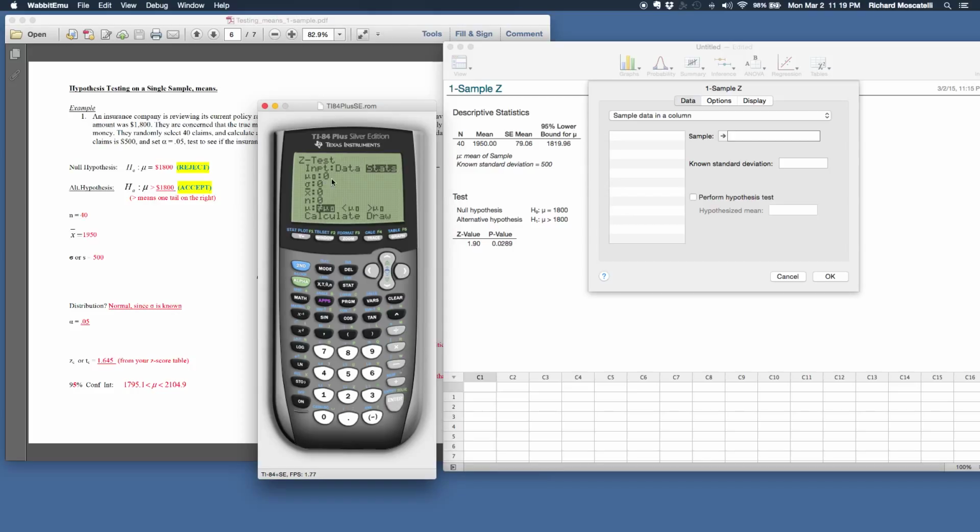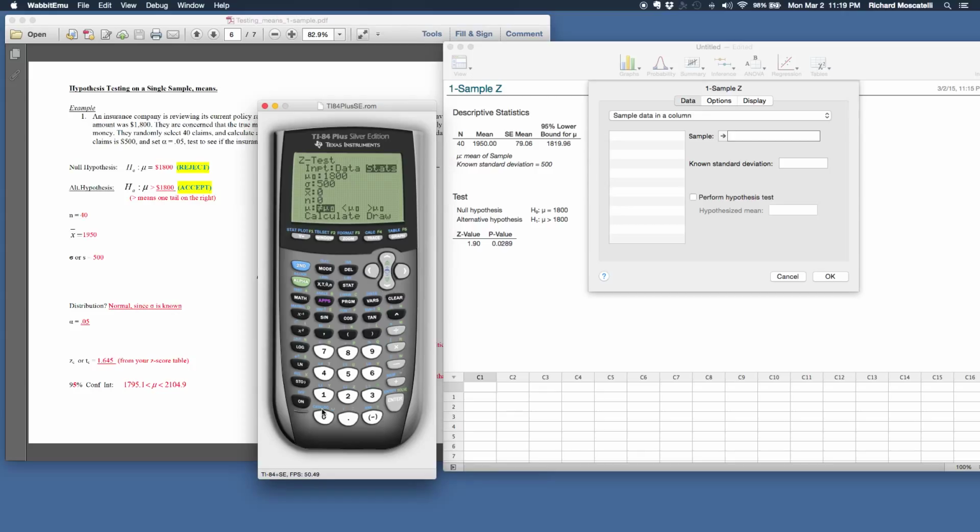And then notice the inputs change. And it's pretty straightforward. The hypothesized mean, $1,800. That's like asking you, what is H sub 0 in other words? H sub 0, they read it as mu sub 0. Population standard deviation, 500. By the way, which is why we're using the z-scores, because they give us the population standard deviation.